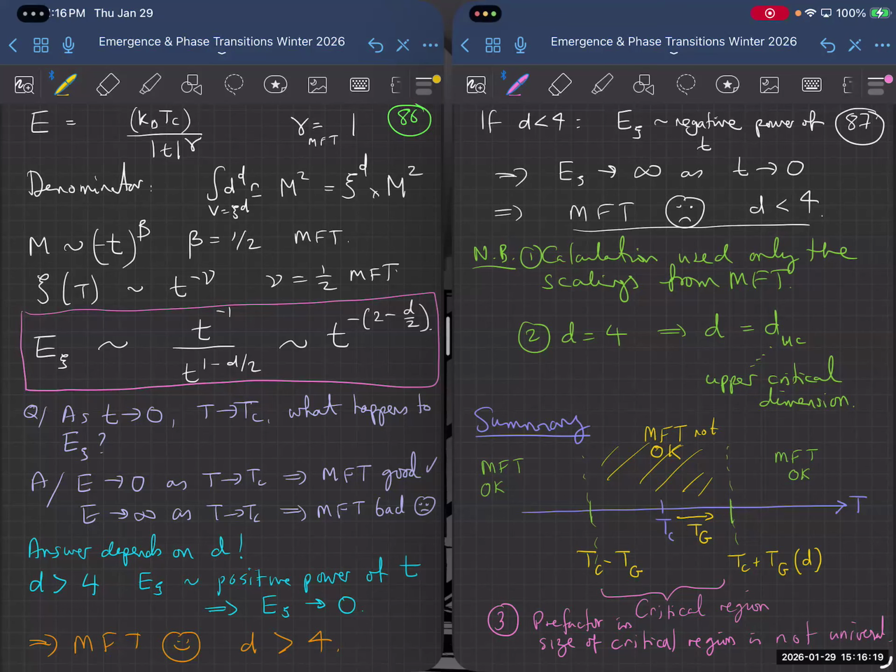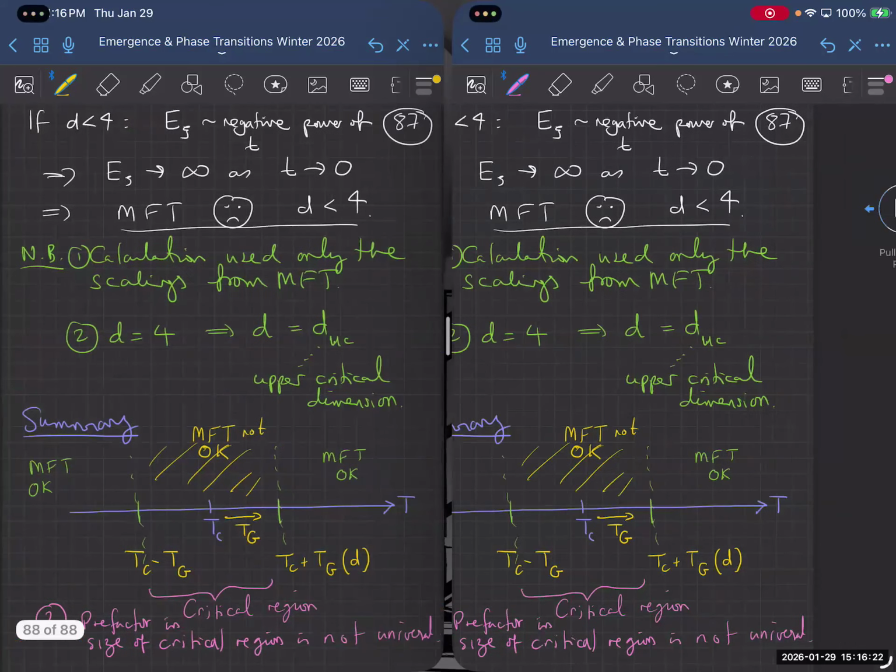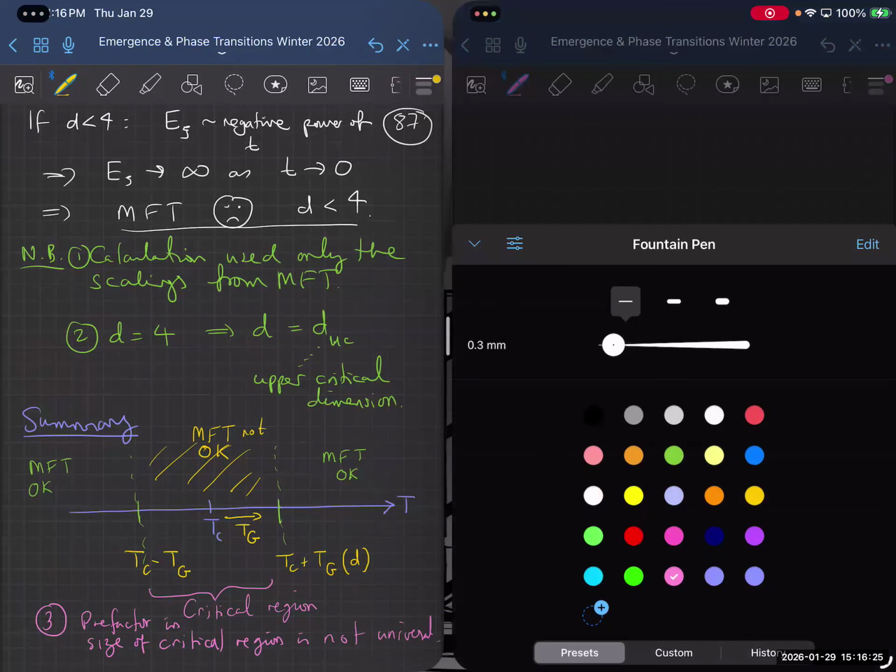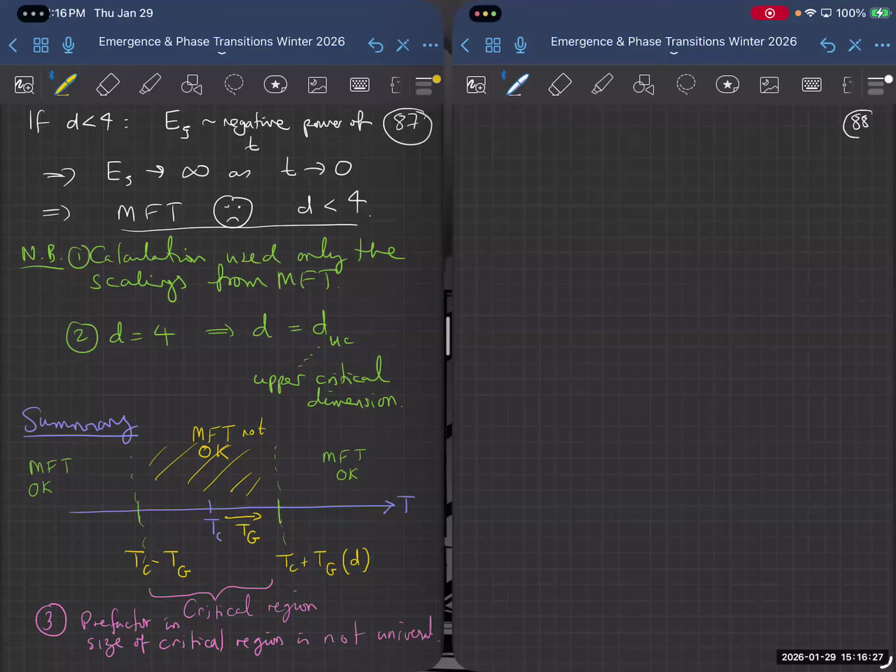I'm going to say just something about that very quickly. So comment number 4. This TG, this G stands for Ginzburg. And really, this criterion that we've talked about, of E being less than or greater than 0 as T tends to TC, comes from a series of papers by Ginzburg and Levanyuk.